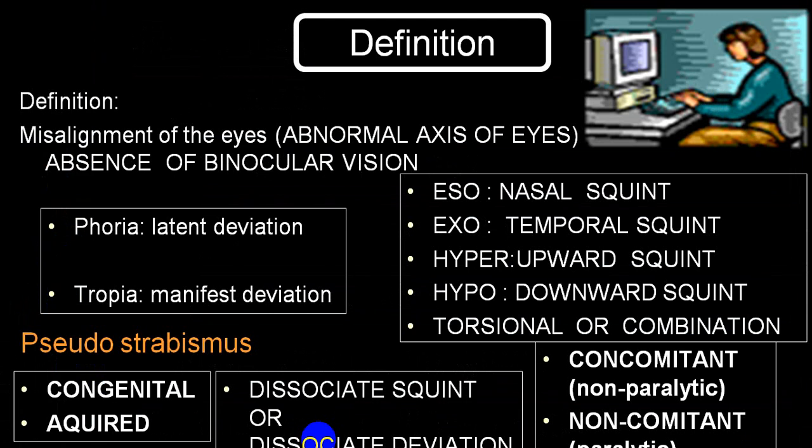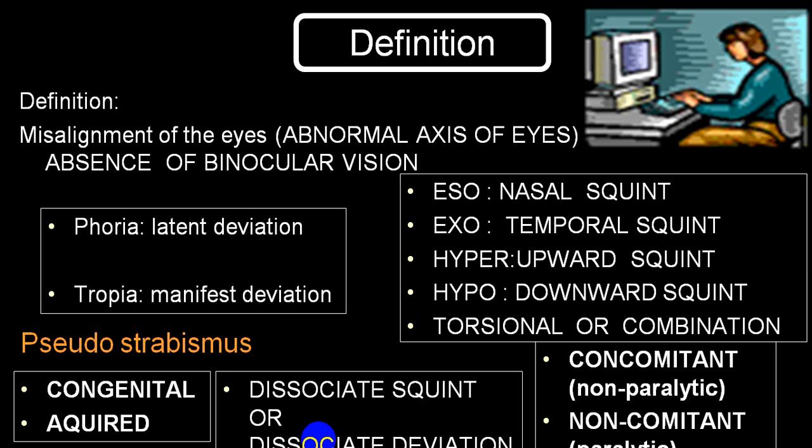As a routine definition, it is misalignment of the eye, or abnormal axis of the eye. Normally, when the person is in a normal position, both eyeballs have a parallel axis. If the axis is deviated, or there is an abnormal axis of one eye, that is squint, or strabismus, or crossed eye.